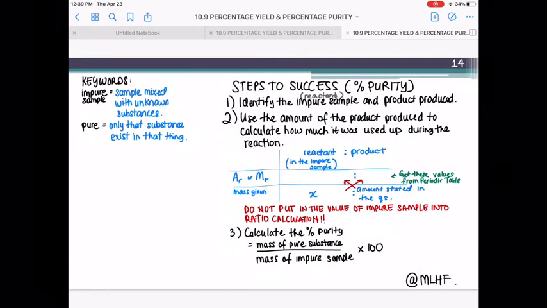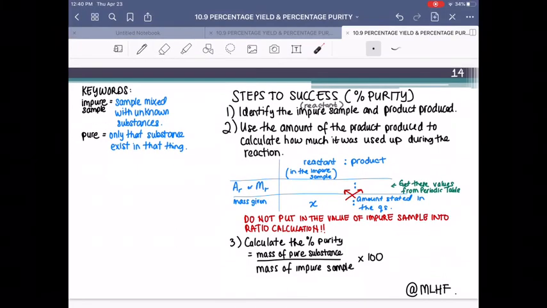So let's review what we have learned. Our keyword for the day is impure sample: a sample mixed with unknown substances such as dirt, sand, soil. The pure is the only substance that exists in that object. The steps to success.